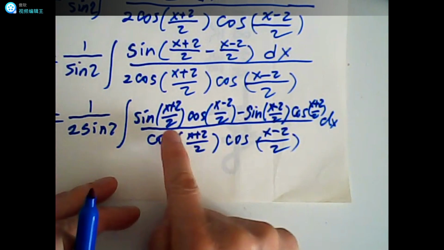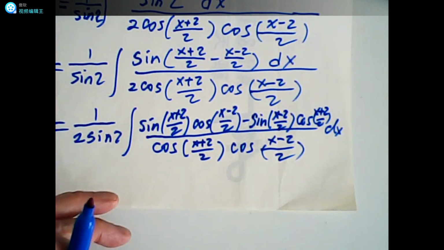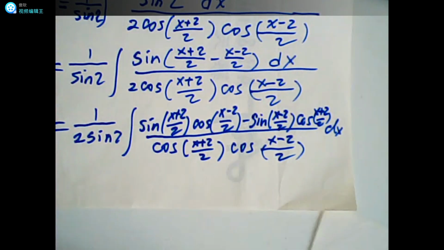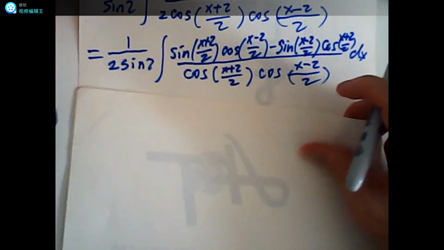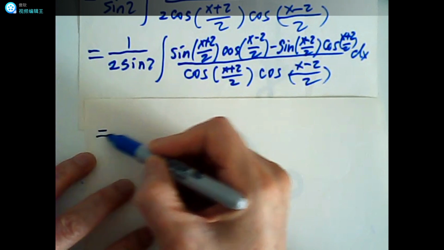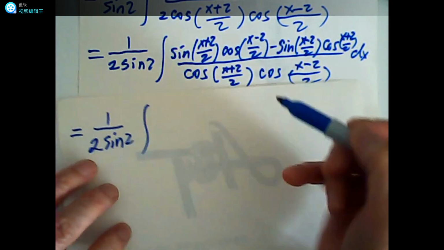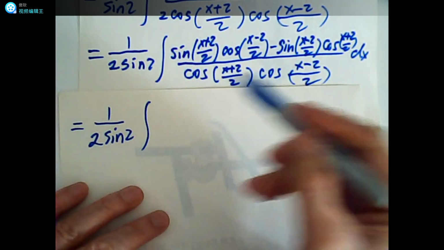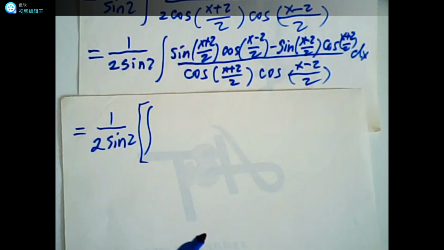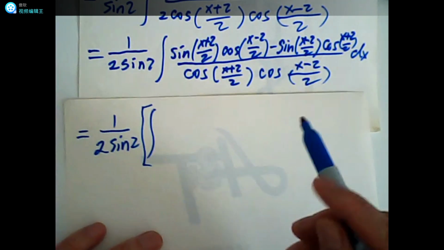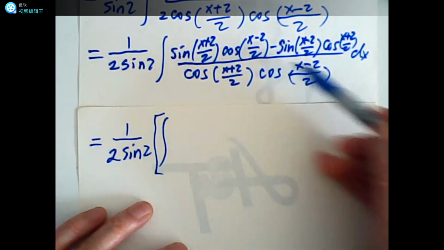Because I bring sine in, at the same time I bring cosine, which can make cancellation with the denominators. This one is equal to 1 over 2 sine 2 integral. This is a bracket, and the first is this over this minus that over this, right?